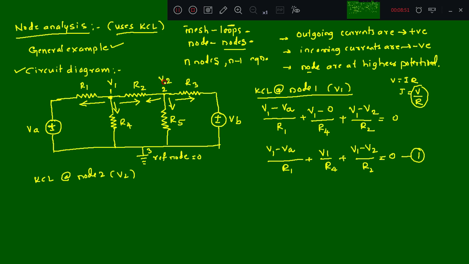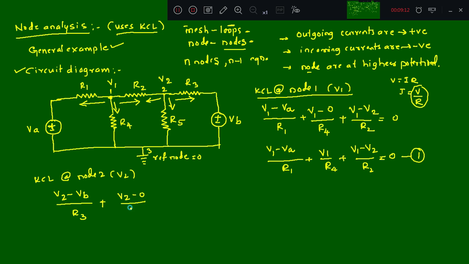That is V2 minus VB. In that, what is the resistance? That is R3. Plus, this is also an outgoing current, V2 minus 0. Why? Because this is the reference voltage, that is 0.